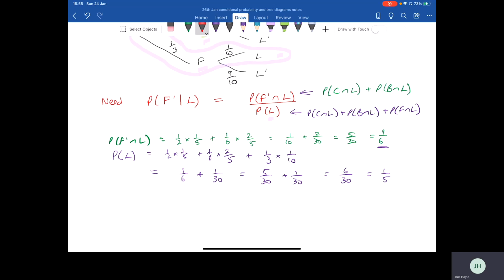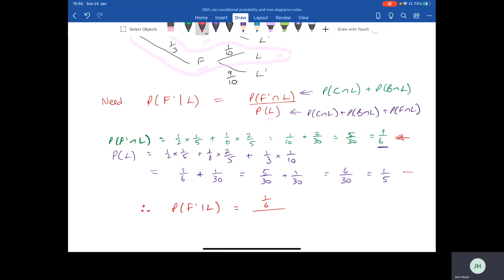So now I can go back to my overall conditional formula. Therefore, the probability that he was not travelling by foot, given that he was late, is equal to, the green line, the probability that he was not on foot and was late, that is 1/6, divided by the probability that he was late.